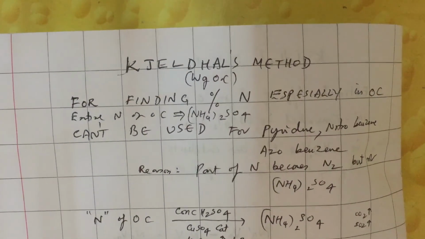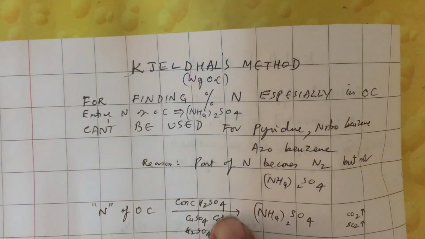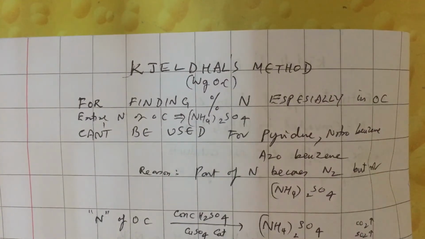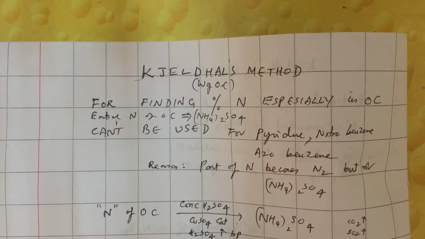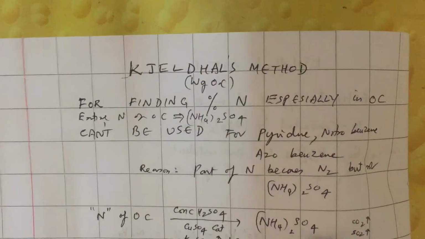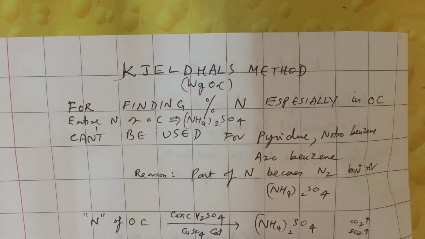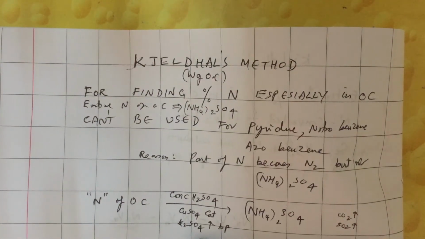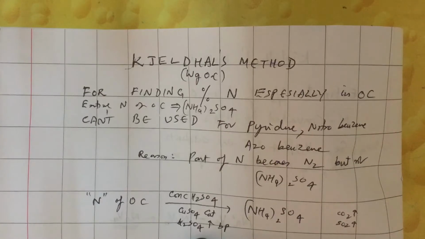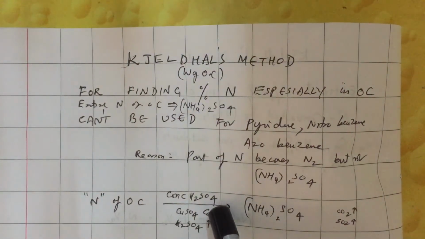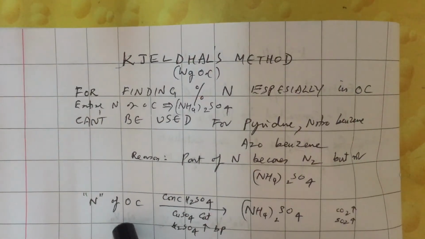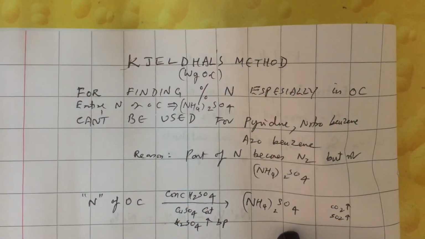Here the organic compound, when it is digested with concentrated sulfuric acid in presence of a little copper sulfate catalyst, is converted into ammonium sulfate. You will also add a small amount of K2SO4 because K2SO4 will increase the boiling point of sulfuric acid so that the entire nitrogen of the organic compound would become ammonium sulfate.